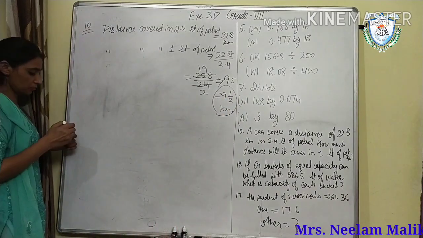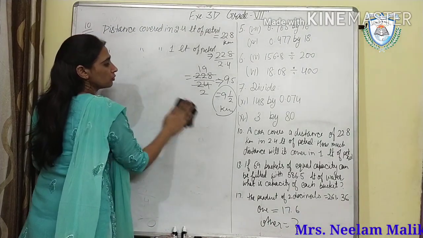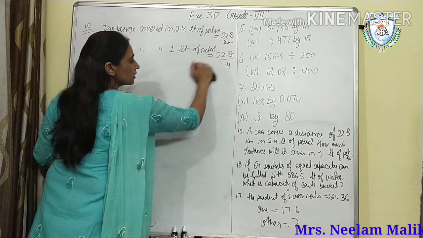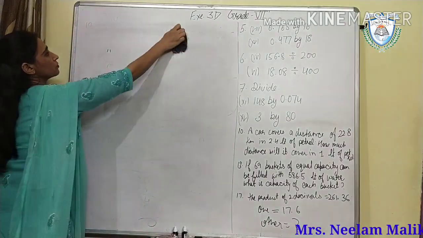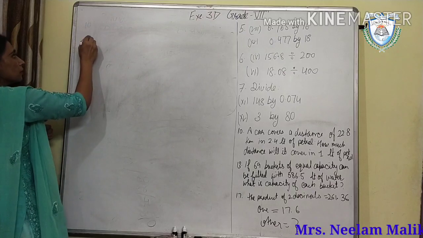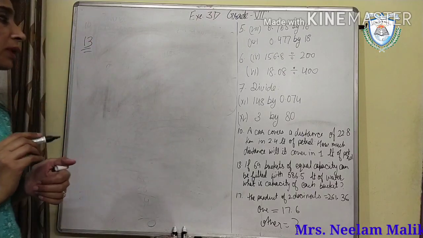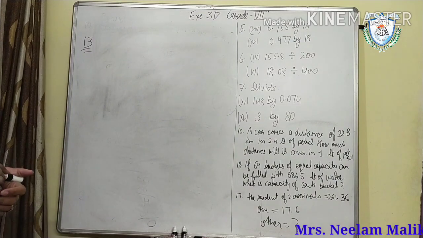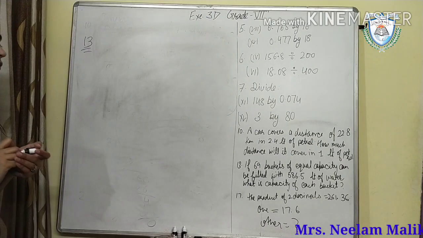Now question number 13. What do we have to do in question number 13? Please read the statement from your book. If 69 buckets of equal capacity can be filled with this many liters of water, what is the capacity of each bucket? So we have to find out the capacity of one bucket.